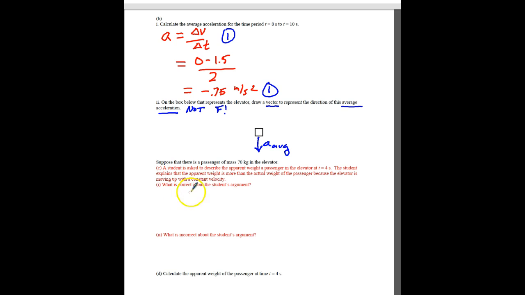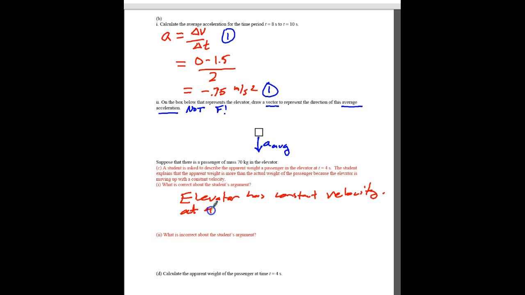Well, the thing that's correct is the elevator has a constant velocity. That's true. Now we need to give an example.